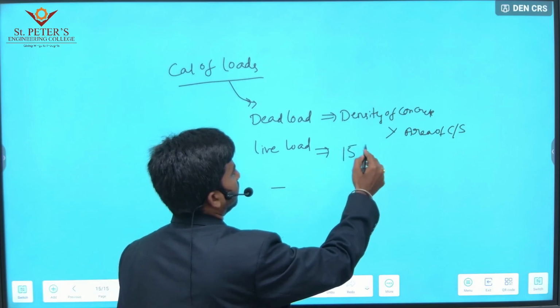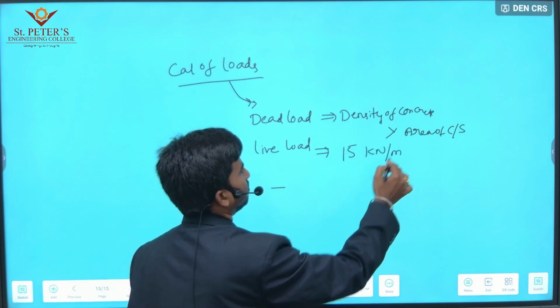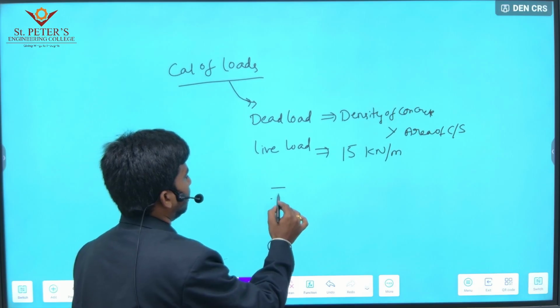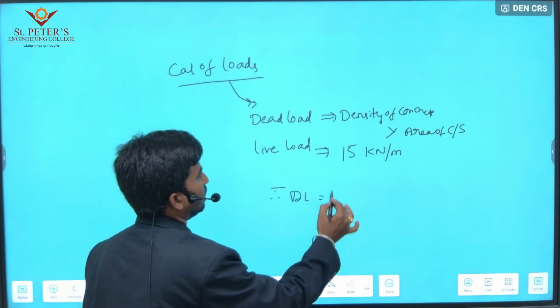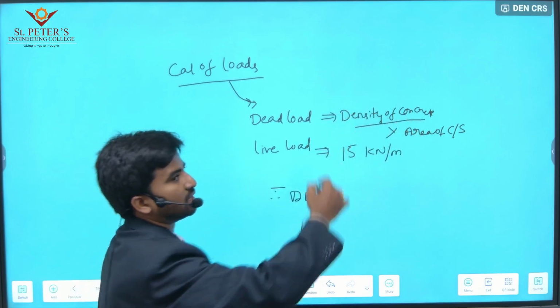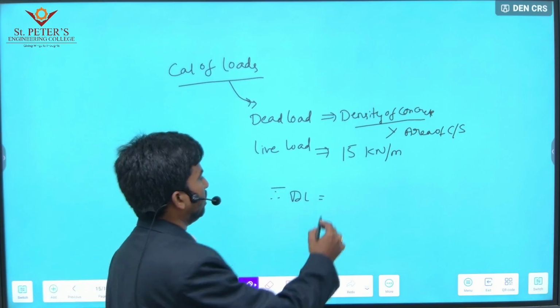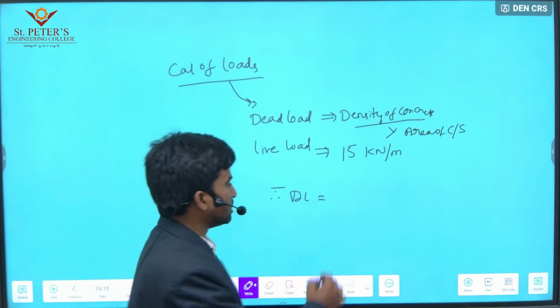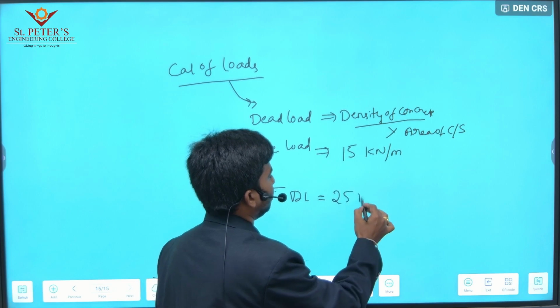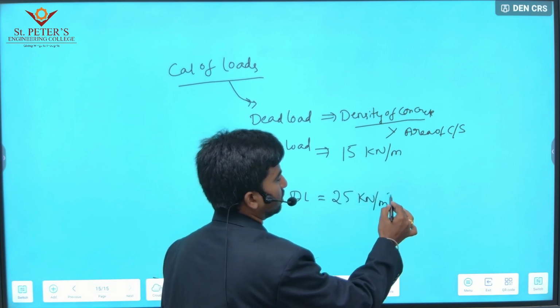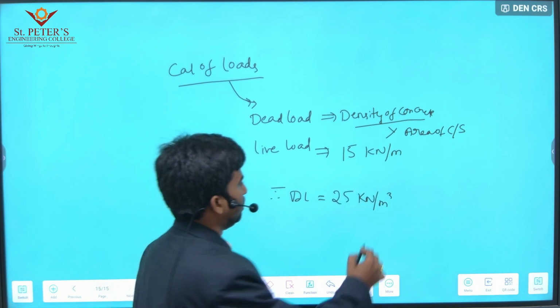Therefore the dead load: density is nothing but mass by volume. For concrete the value is 25 kilonewton per meter cube. This is the Indian standard code.